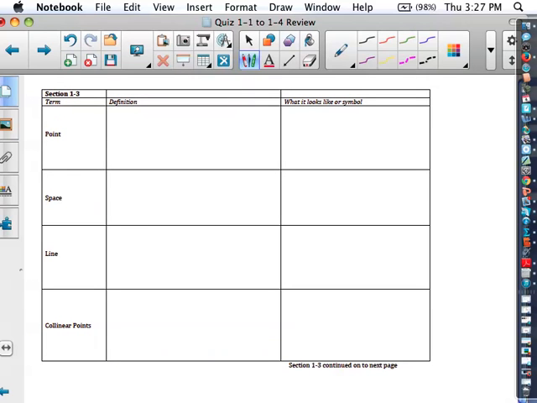Next is a point. A point is a location. It has no size, and it is represented by a dot.